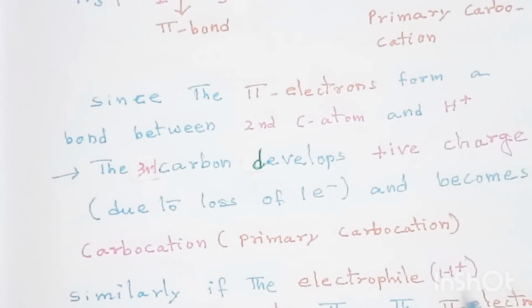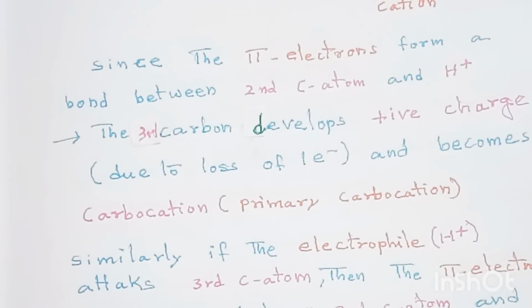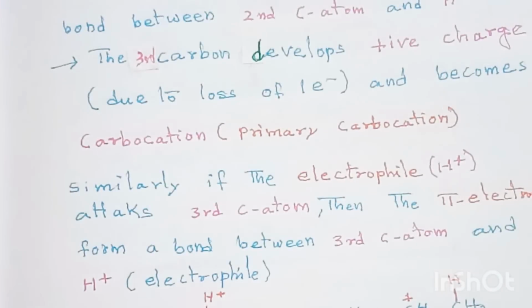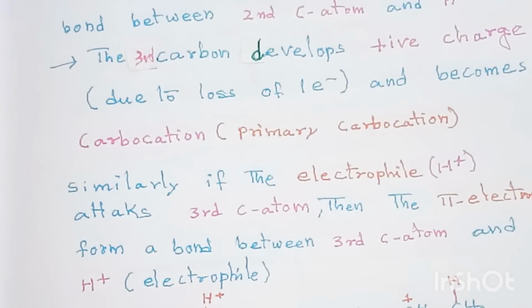Similarly, if the electrophile, that is H plus, attacks third carbon atom, this is the third carbon atom, then the pi electrons form a bond between third carbon atom and hydrogen ion, that is H plus. So the second carbon atom develops a positive charge and becomes a carbocation, that is secondary carbocation.